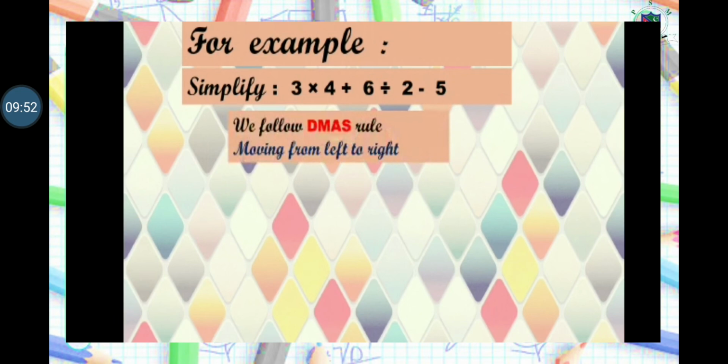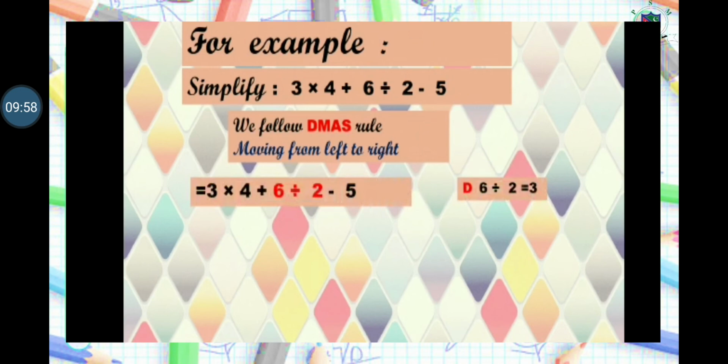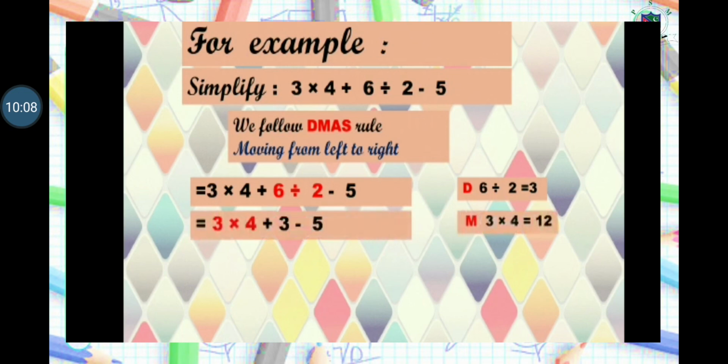We can get the answer for such a numerical expression. For example, if we have to simplify this numerical expression, you can see multiplication, addition, division, and subtraction. All four operations are given. We have to follow the DMAS rule, moving from left to right. So 3 times 4 plus 6 divided by 2 minus 5, because first of all we have to use D, means the division expression.